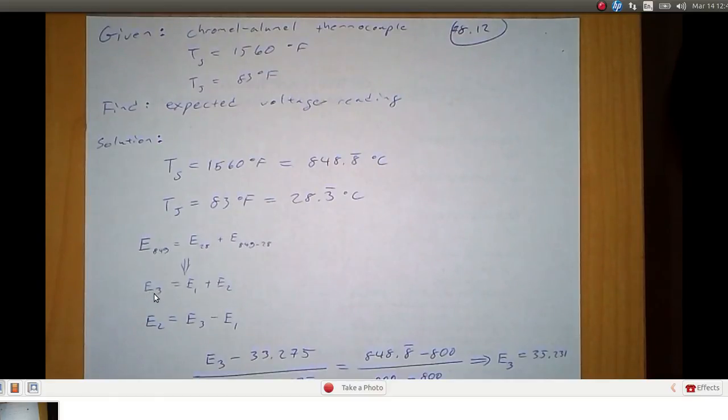And we'll call these voltages E3, E1, and E2. So E2 is what we would measure. It's the voltage difference between the 28 degree junction and the 849 degree junction. So E2 is equal to E3 minus E1.